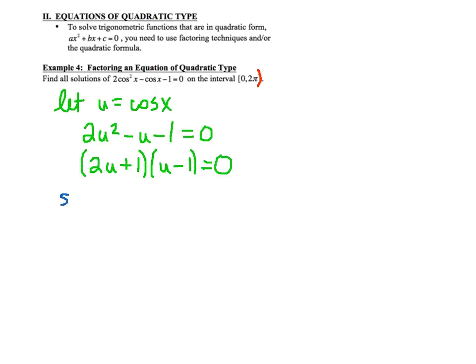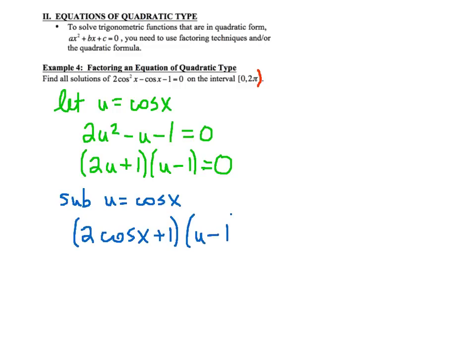So we're going to substitute u equals cosine of x in here. So we're going to have 2 cosine of x plus 1 and... sorry, that's not u. It's going to be cosine of x minus 1.